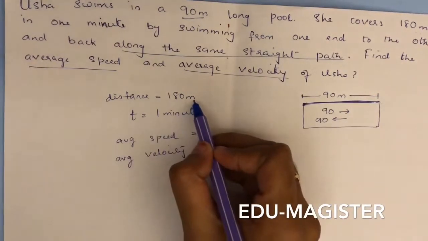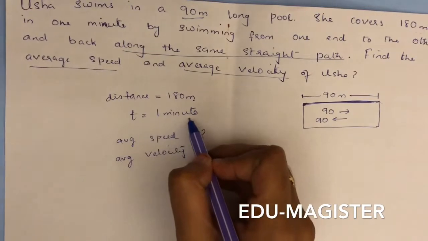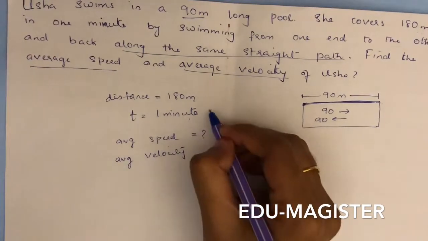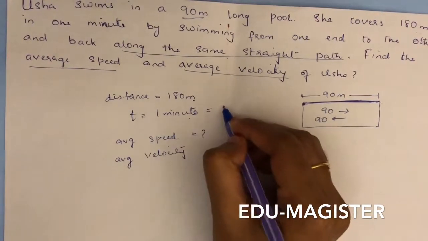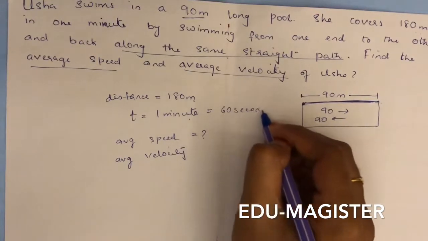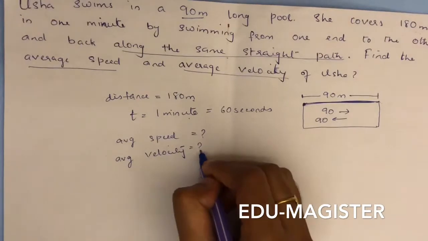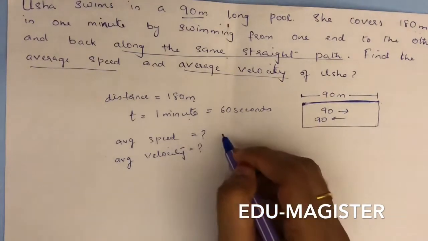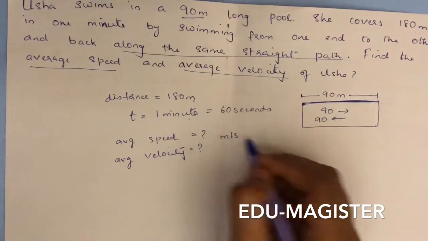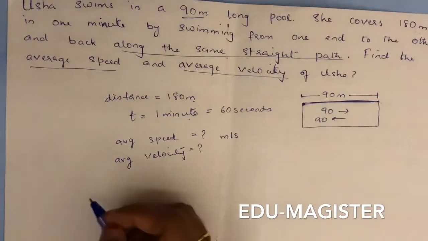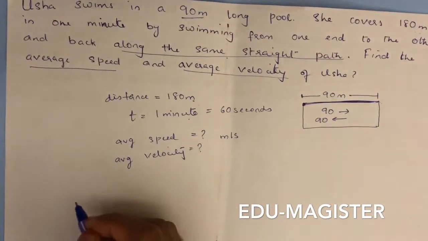Here distance is given in meters, time is given in minutes. So we need to convert minute to seconds. So 1 minute will be 60 seconds. And we will be finding speed and velocity in meters per second. Alright, so let's begin.